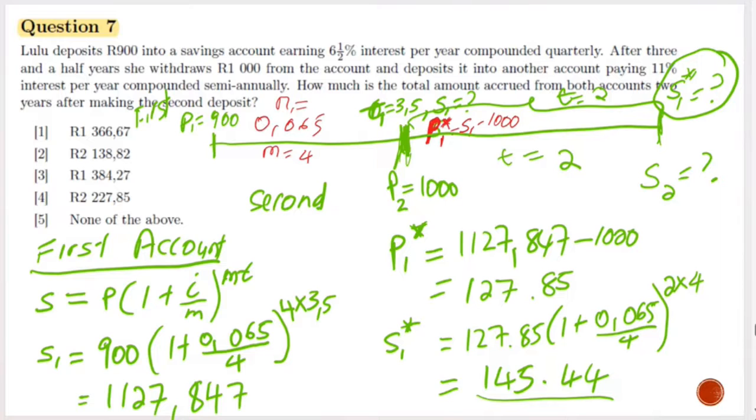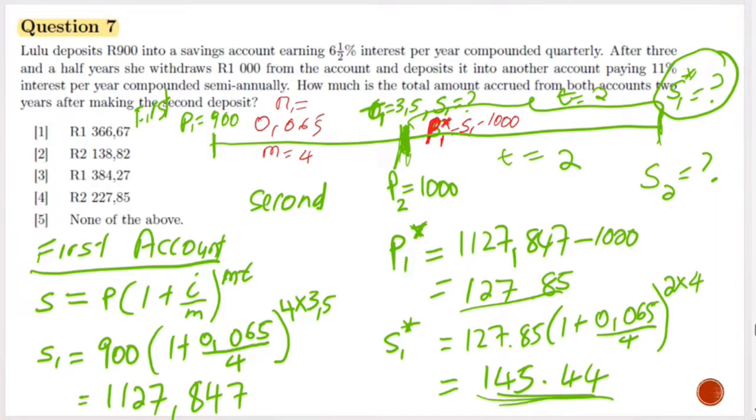She withdrew her money. She took 1,000. I accumulated this money, 1,127, and then after 3.5 years, she took 1,000. I was only left with 1,127. So I need to get the interest for the 2 years with the new present value.